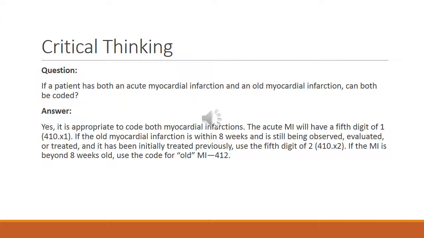The acute MI will have a fifth digit of 1, 410.x1, and if the old myocardial infarction is within 8 weeks and is still being observed, evaluated, or treated, and it has been initially treated previously, use the fifth digit of 2, 410.x2. Now, if the MI is beyond 8 weeks old, use the code for the old MI, which is 412.